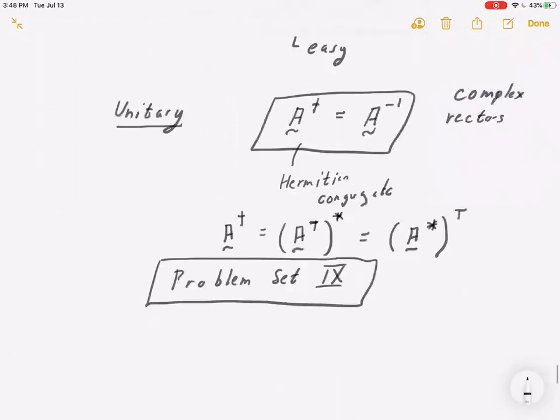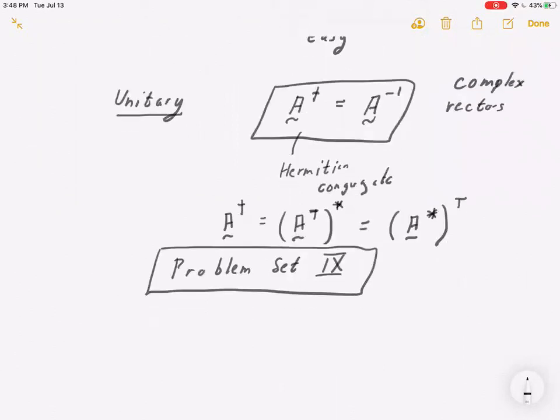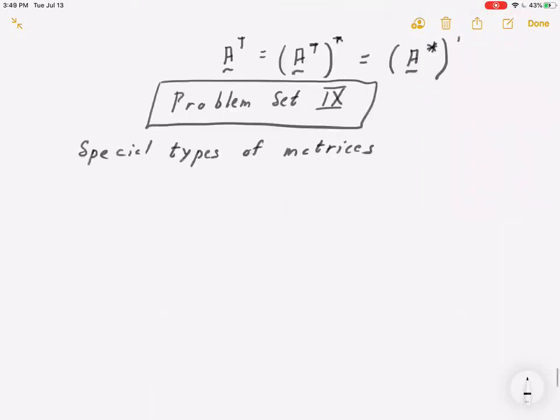And again, to conclude, we've looked at special types of matrices, where matrices actually are actors. They do things. We've looked at a number of them today.